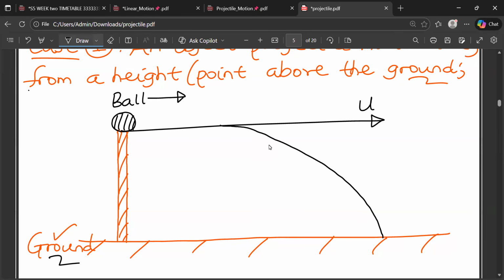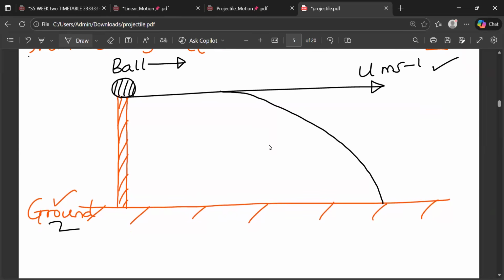So you'll have my u there, and this u is measured in meters per second. So you must note that. The other thing, you people know a graph paper. The vertical axis is the y, then the horizontal axis is the x. So we also have some distance. This one can be distance, but I can call it length.